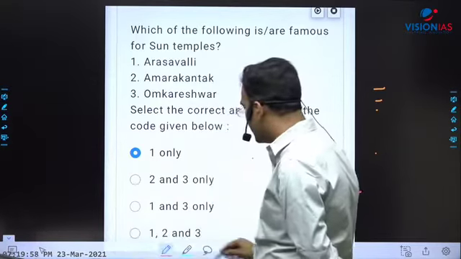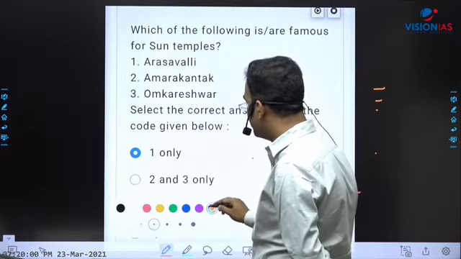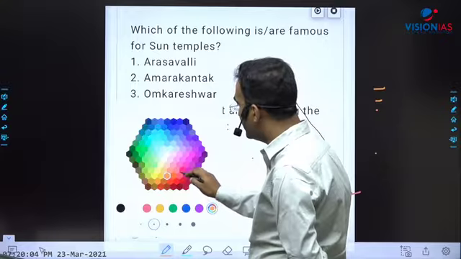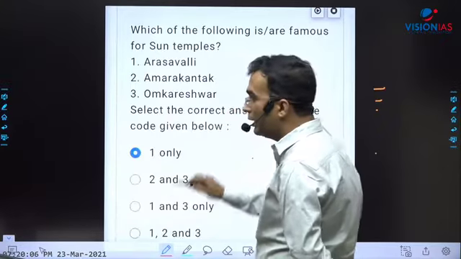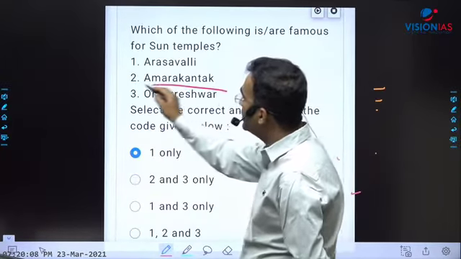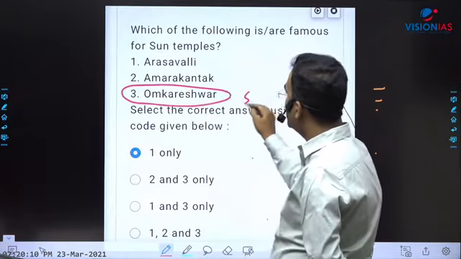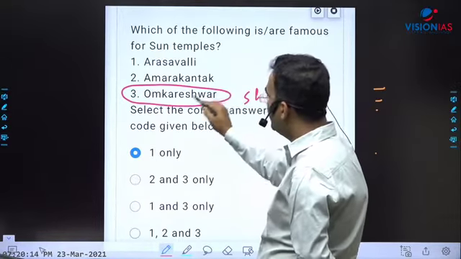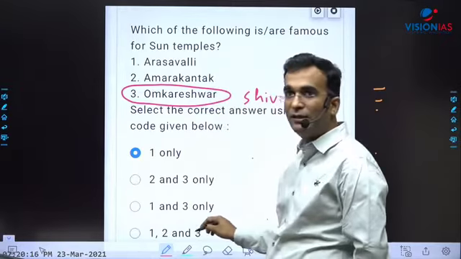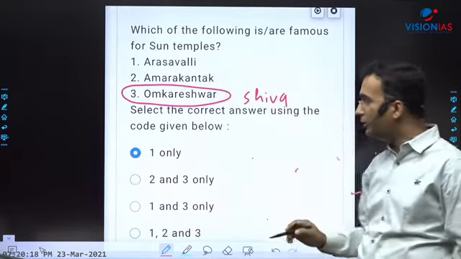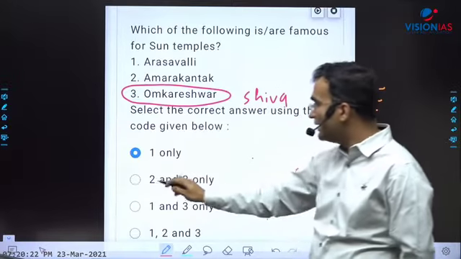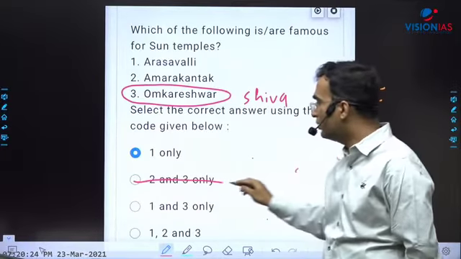So Shiv Jyotirlinga. What you can mention about this one is that this is a Shiv temple. If this is a Shiva temple, then wherever option 3 is there, that cannot be a Sun temple. So which places? Answer 3 is there: 2 and 3, cut it.